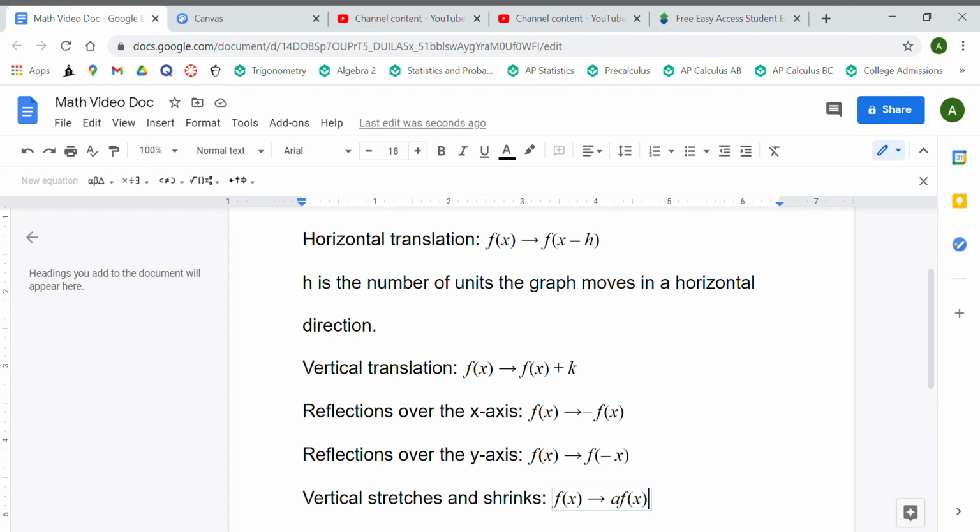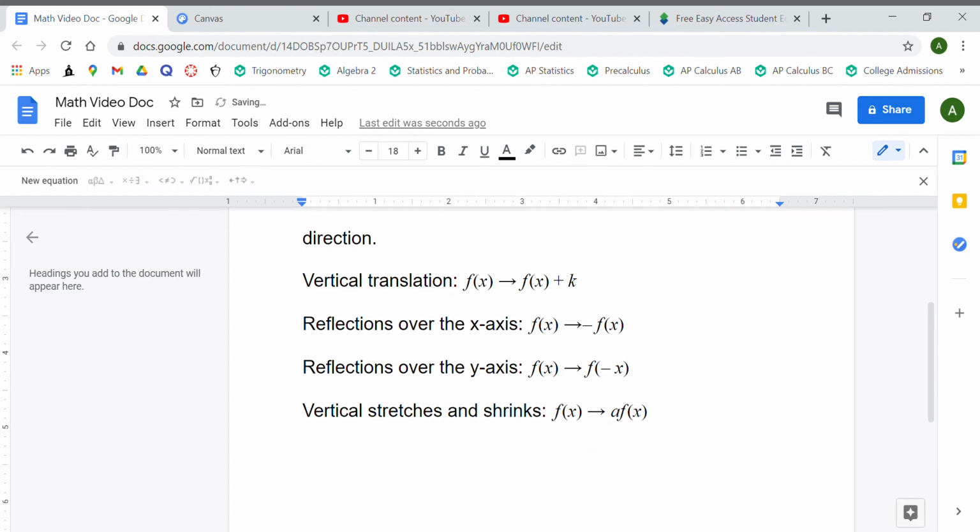So here's a rule. Okay, so there is a little rule here. I'm going to use a bullet for this. If a is greater than 1, then the graph has a vertical stretch.